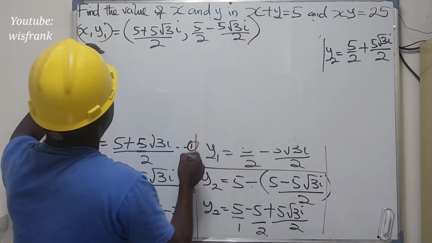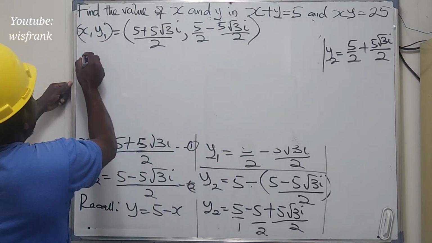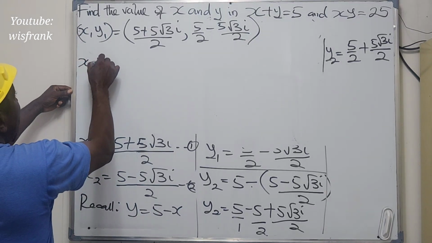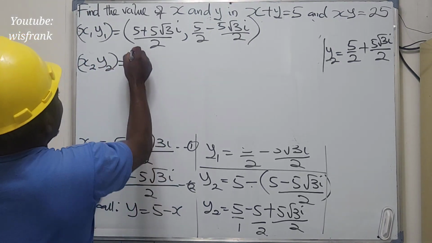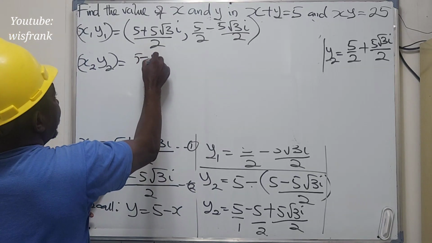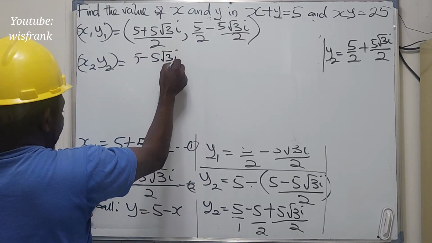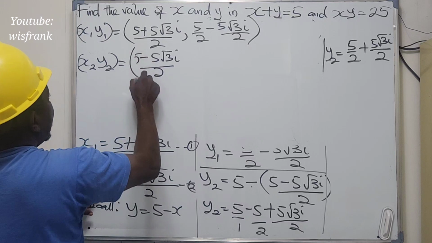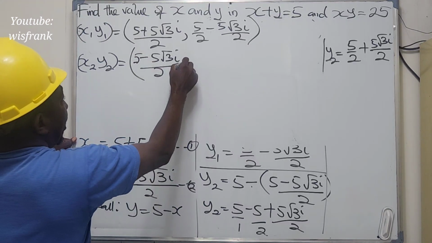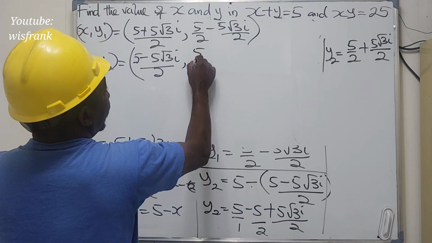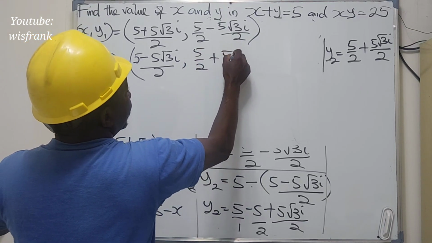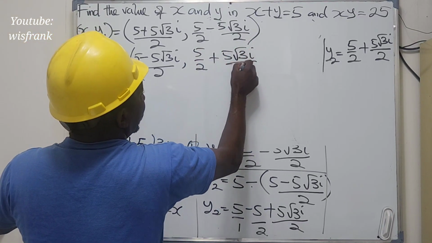So this is for the first value of x and y. The second value of x and y, which is x2 and y2, equals 5 minus 5 root 3 i all over 2. That is for the value of x. So we have the value of y, which is y2, as 5 all over 2 plus 5 root 3 i all over 2.